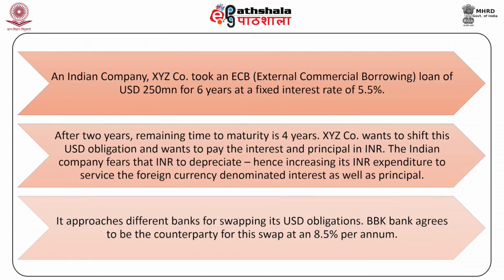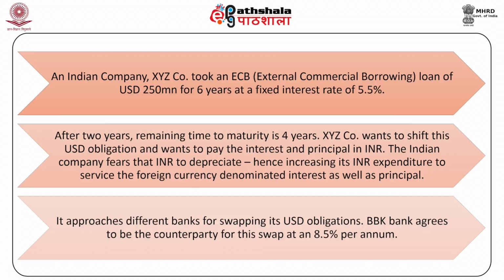After 2 years, the remaining time to maturity is 4 years. XYZ company wants to shift this USD obligation and wants to pay the interest and the principal in INR. The Indian company fears that INR will depreciate, hence increasing its INR expenditure to service the foreign currency denominated interest as well as principal.